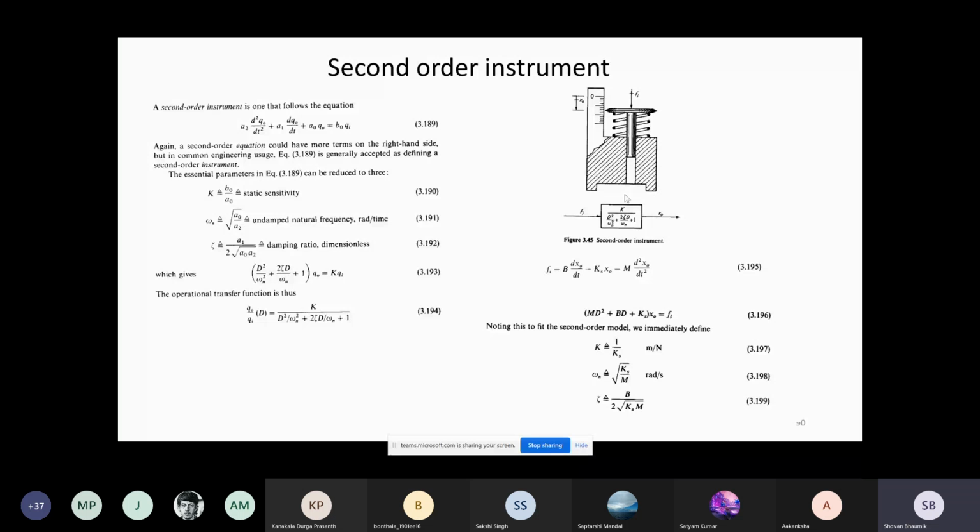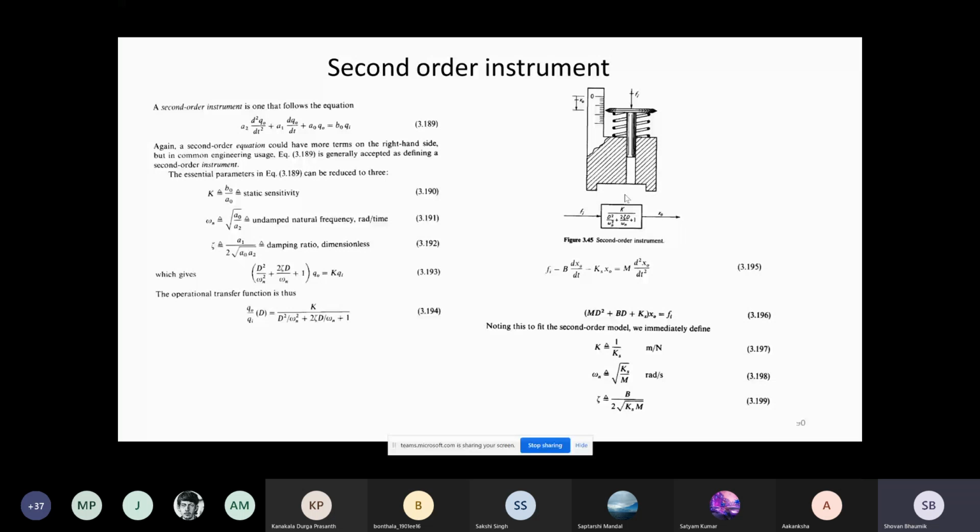Displacement and acceleration sensors are also. Those which are not second order are frequently approximated to a second order instrument.